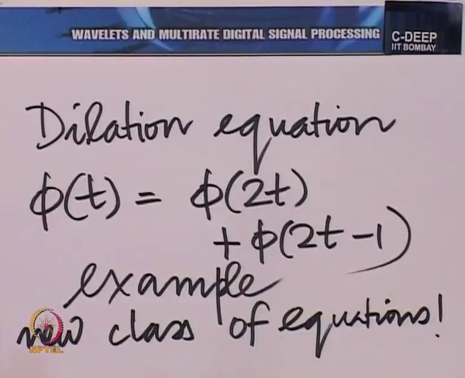And this new class has arisen from our discussion of wavelets, in fact, from the relation between wavelets and multirate filter banks. Anyway, with this little aside, let us come back to the issue of relating that filter completely in generative terms to the scaling function and the wavelet.